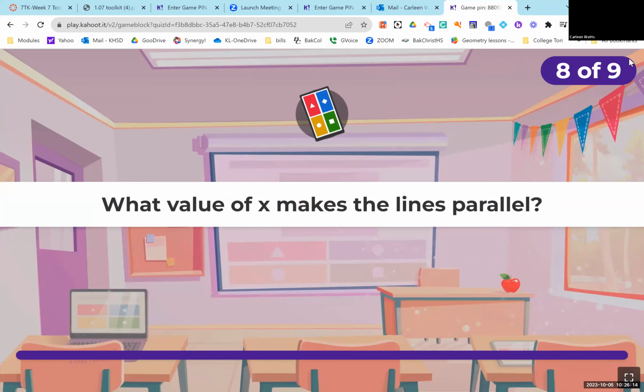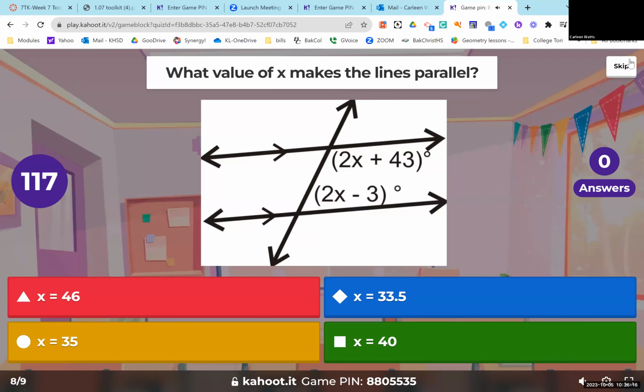Now, those lines are parallel. Forget that question on top. Those lines are parallel, right? I have same side interior angles. Oh, this one's harder. Yeah, we have a little bit longer for this one. So write an equation and solve for x.